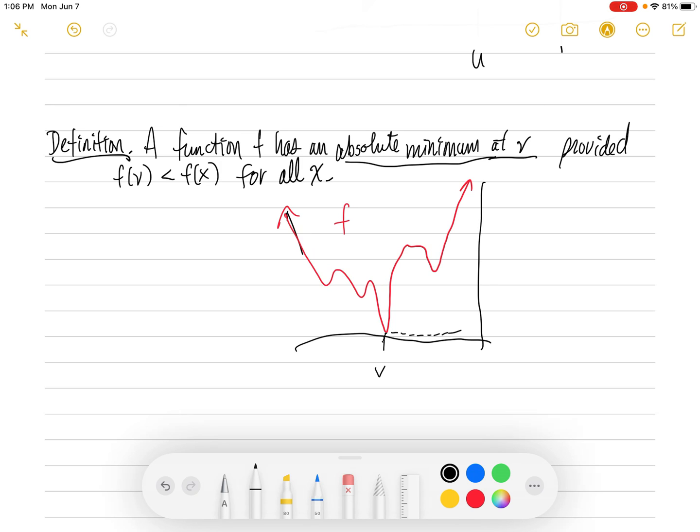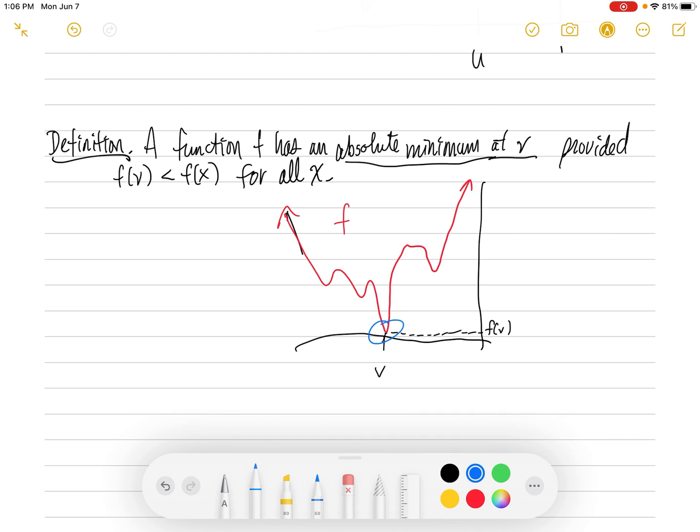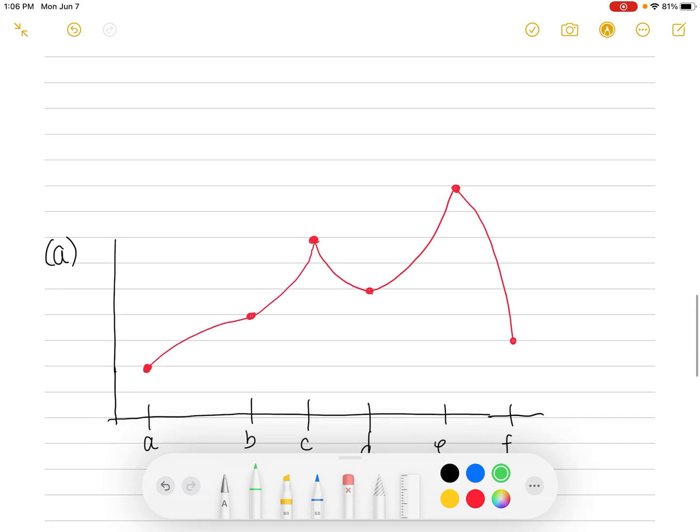So if I take v and I hit the graph and I trace this back to the y-axis, f of v is going to be the smallest y value on this entire graph. So this right here is the absolute min. You may have some other local mins, like you may have a local min here, and a local min here, and a local min here, these valleys. The absolute min itself is going to be a local min, but there's only one absolute min in this case.